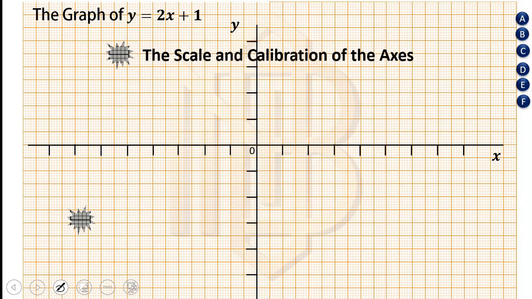Okay, so now, but if I decide to use 1 centimeter to represent 1 unit, that means I have 1. That means this place will be 2. This place is going to be, we have 1. We have 2.